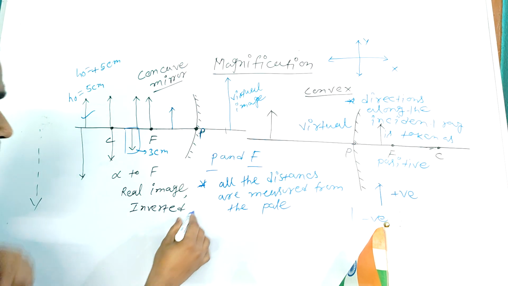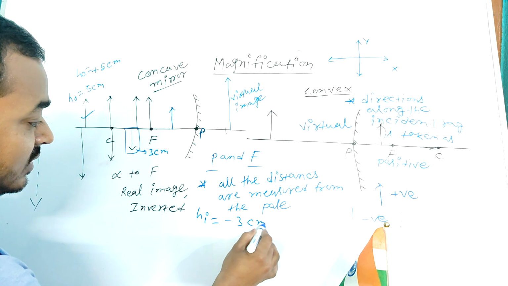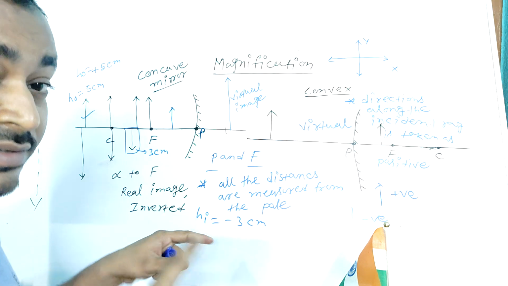The height of the image is minus 3 centimeters. Means we have to put minus 3.